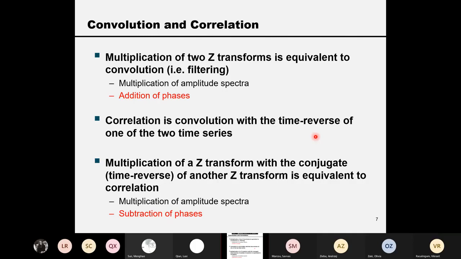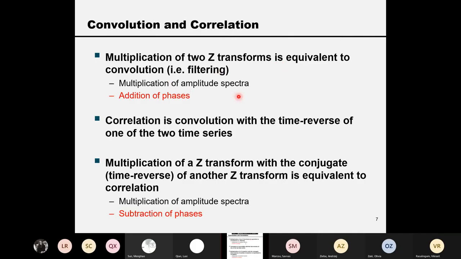One of the advantages when we introduce that transform is for the convolution. In the Z transform domain, convolution becomes fairly easy. Simply, you multiply two Z transforms. Because the Z operator is a complex operator, this leads to the Fourier transform.